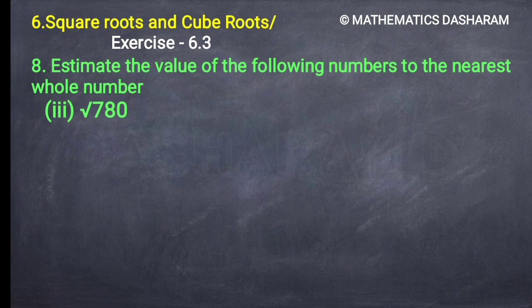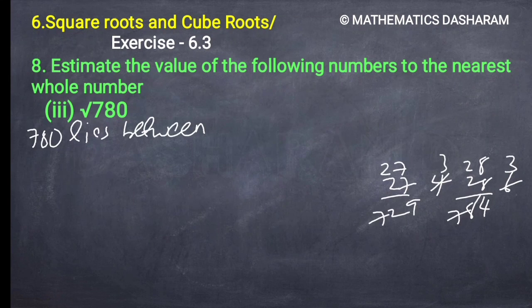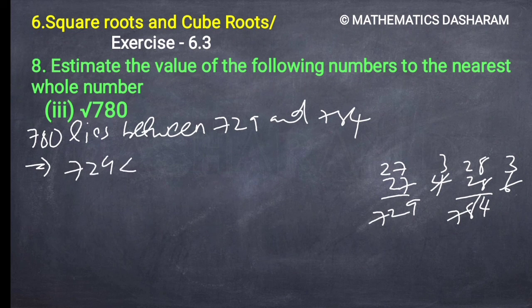Next, the third problem, root 780. 780 lies between 729 and 784, so 729 less than 780 less than 784. Now apply the square root.